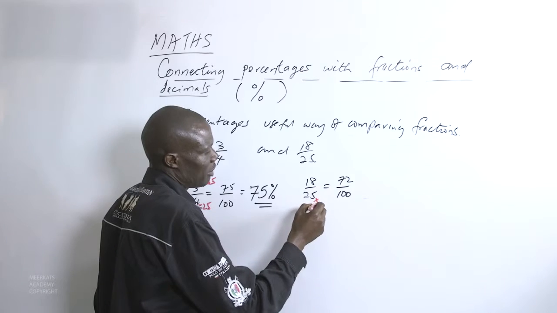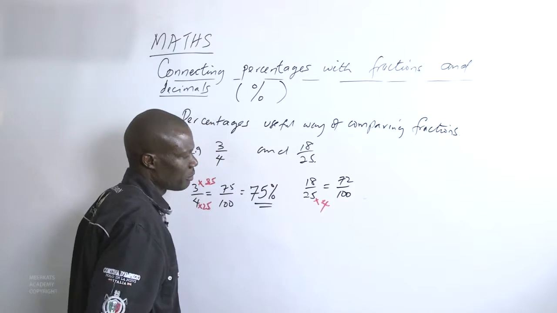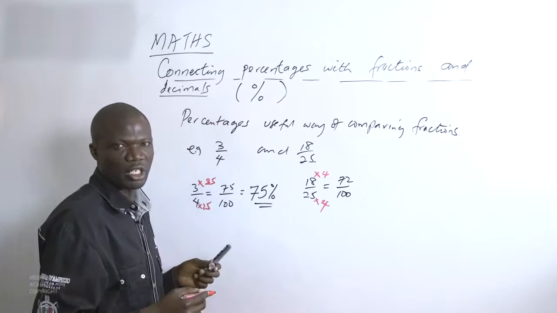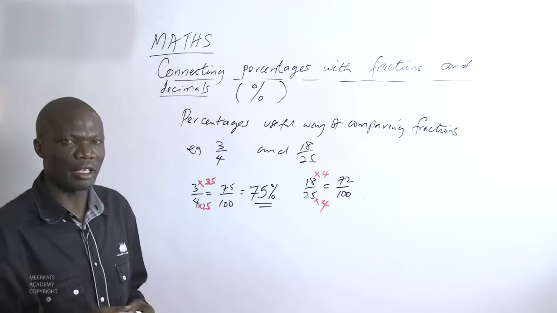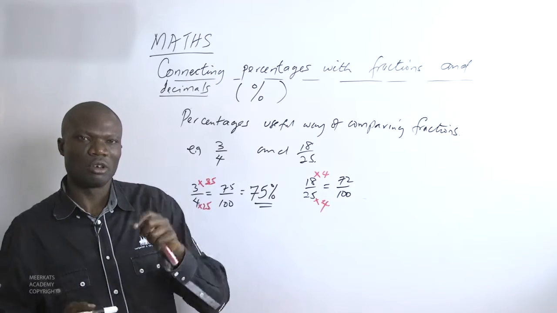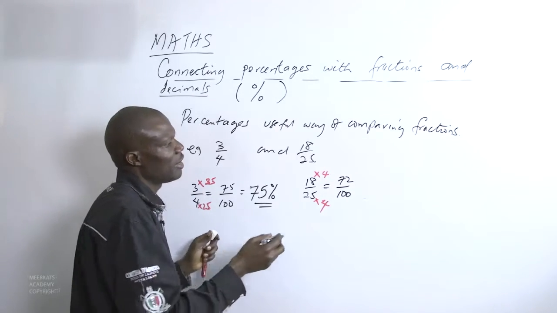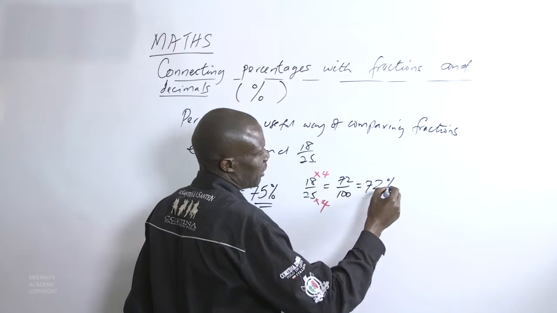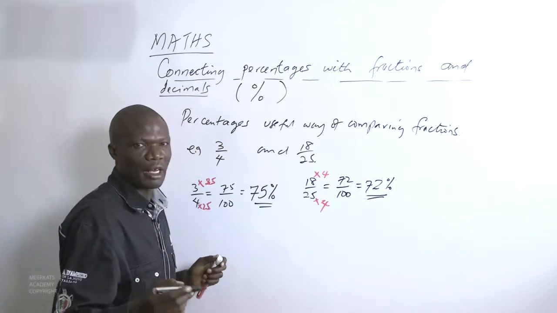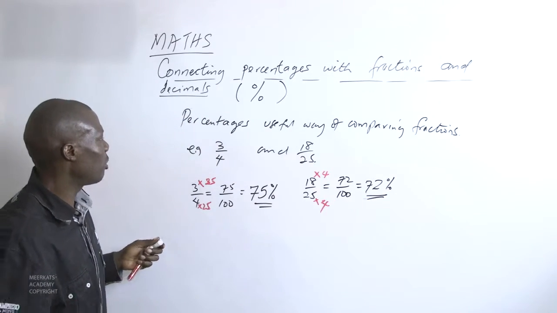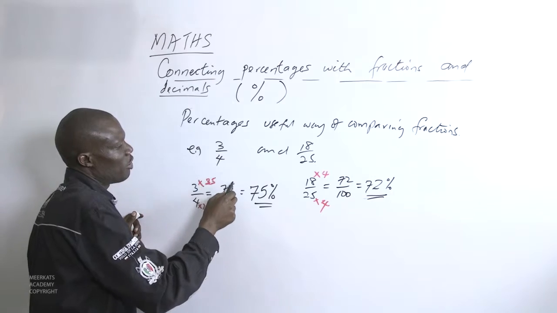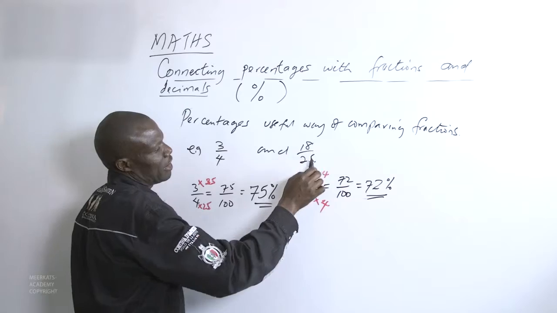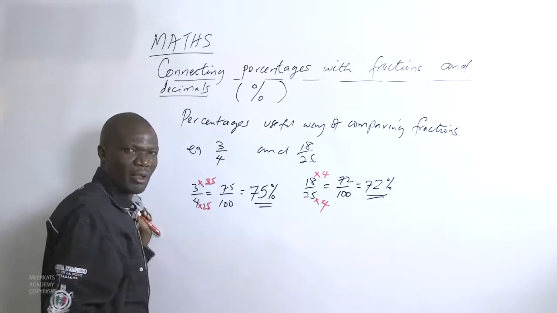We have multiplied 25 by 4 to get 100, and 18 by 4 to get 72. And at the moment we have 72 over 100, it implies this is equivalent to 72%. So we have been able to change 3 over 4 to 75%, while 18 over 25 is 72%.